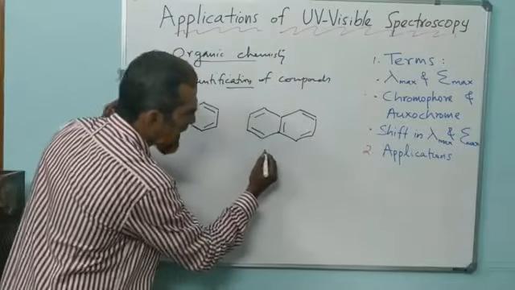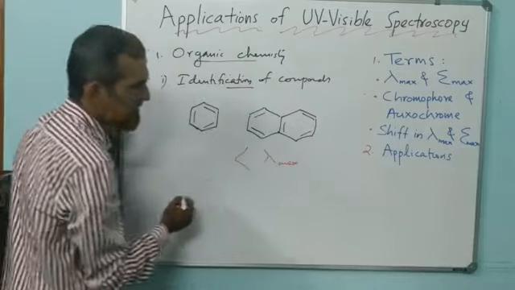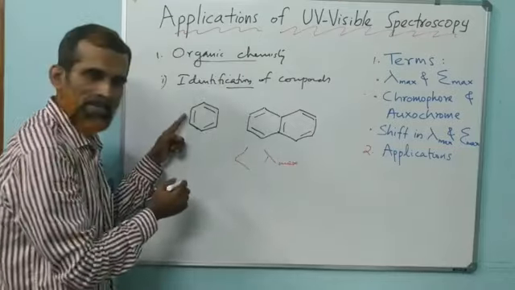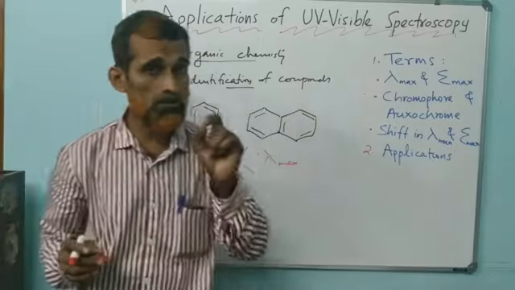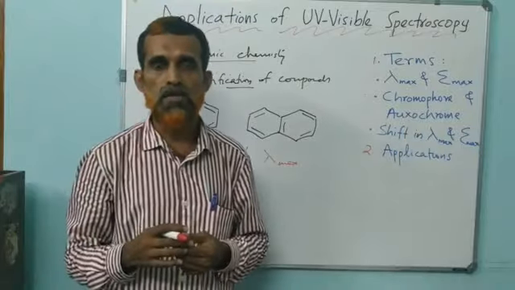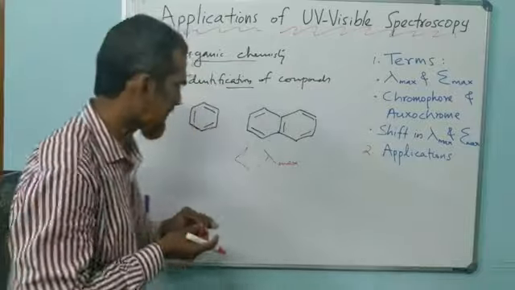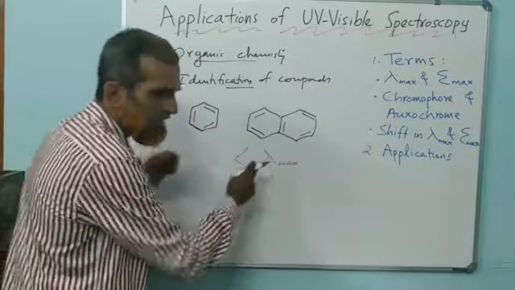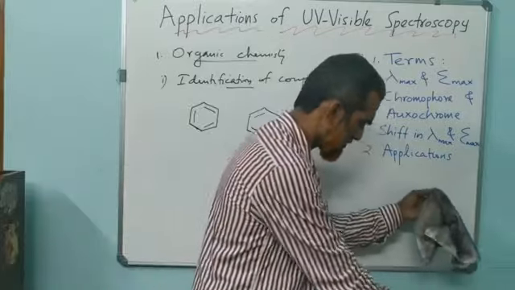Definitely naphthalene. Naphthalene will have higher lambda max than benzene. Why? Because there is more conjugation. So note this point. Whenever conjugation increases, there will be a red shift. Lambda max will increase because HOMO-LUMO gap will decrease. That's why. So noting the lambda max value, we can identify compounds.